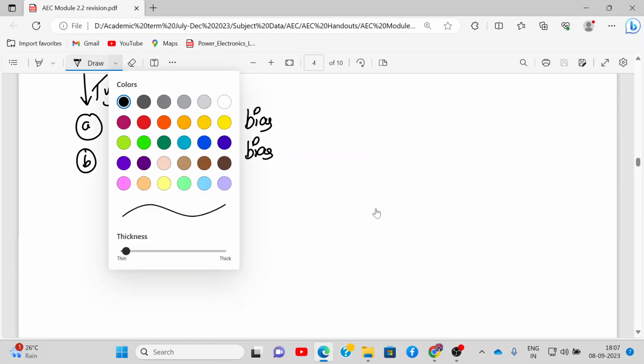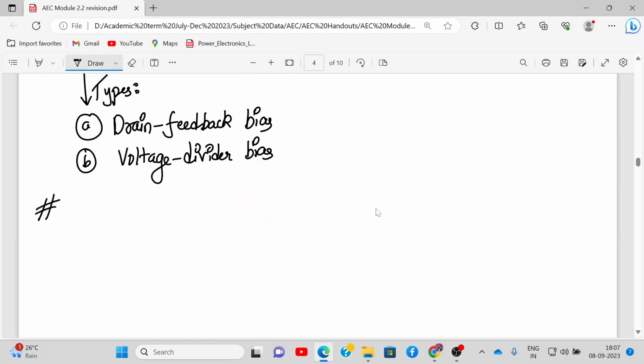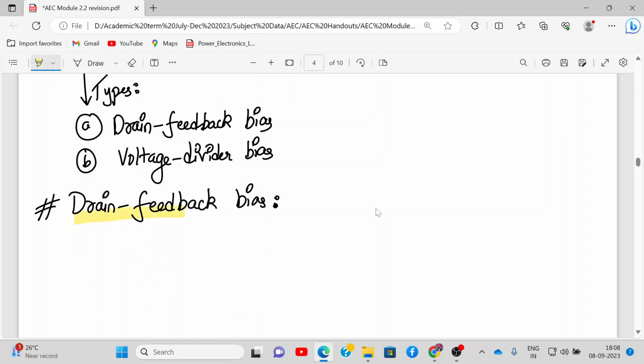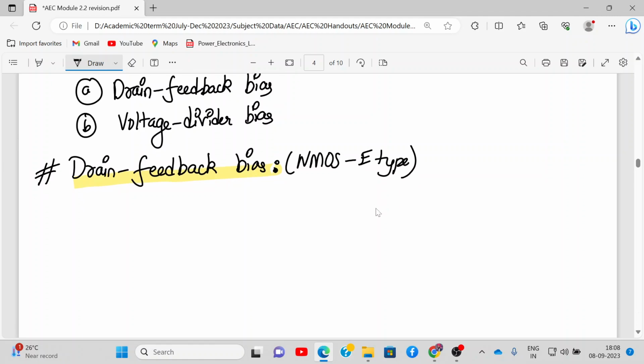Okay. So write down drain feedback bias. It's similar to collector to base bias in BJT. Here we are using NMOS E-type MOSFET. It's not possible in D-type MOSFET to have drain feedback bias. So what is the symbol? Like this, dotted line. Dotted line indicates that a channel is not formed yet.